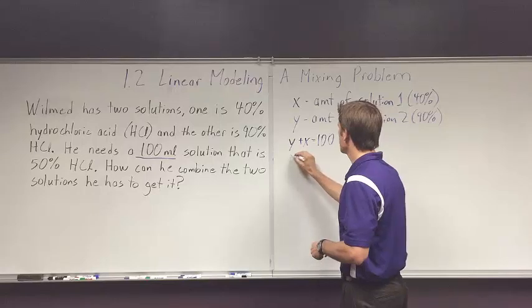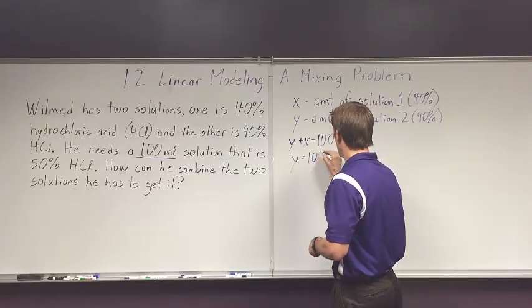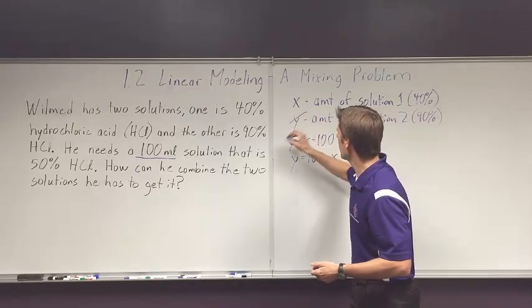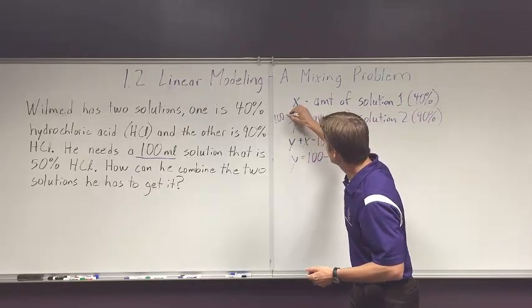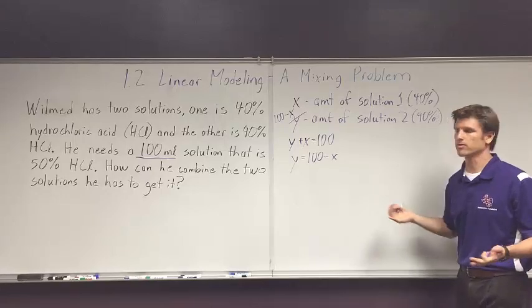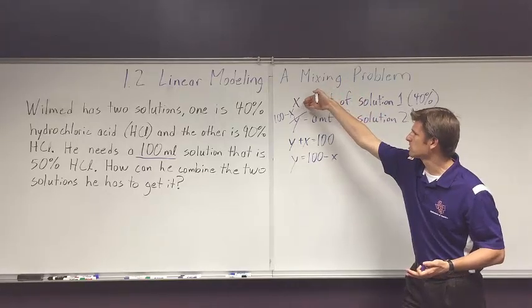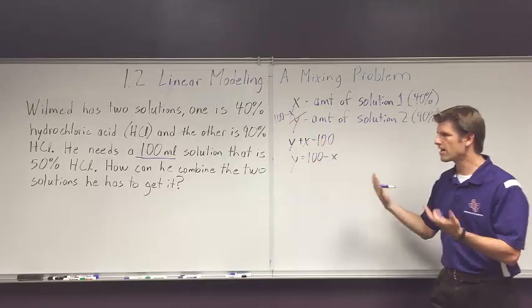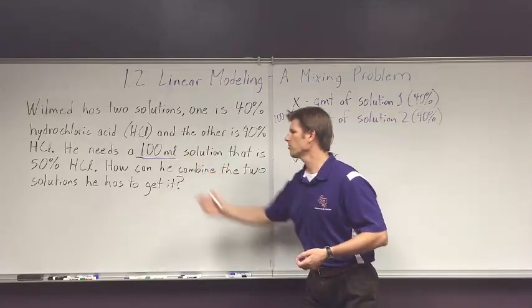That means y equals 100 minus x. Some people don't even bother to write y, they just write 100 minus x. So whatever amount you put in solution 1, the rest is solution 2, which makes it add up to 100 milliliters.